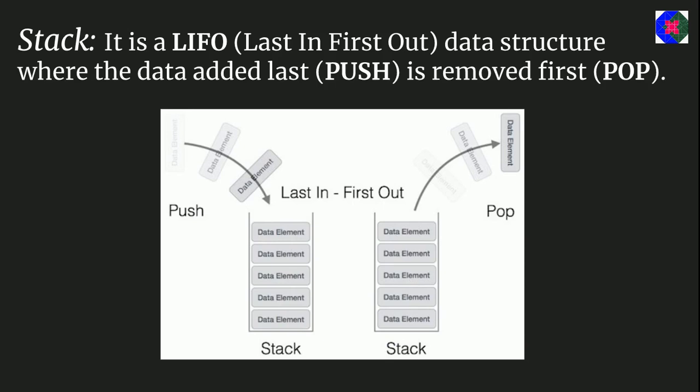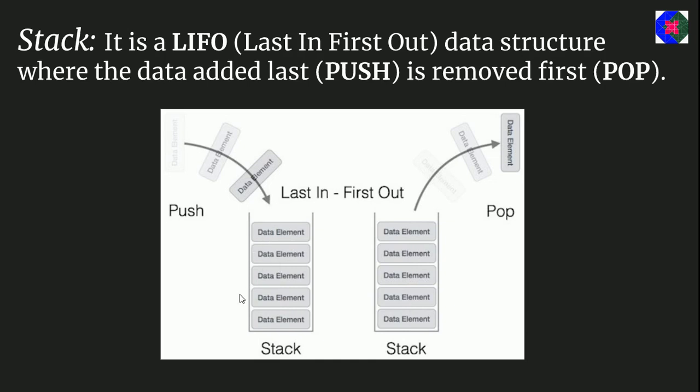Next comes the stack. Well, stack is a last in first out data structure where the data added last is removed first. The addition to the stack is called push operation and removal of data element from the stack is called pop operation. In this diagram here, let's take an example of a school bus.